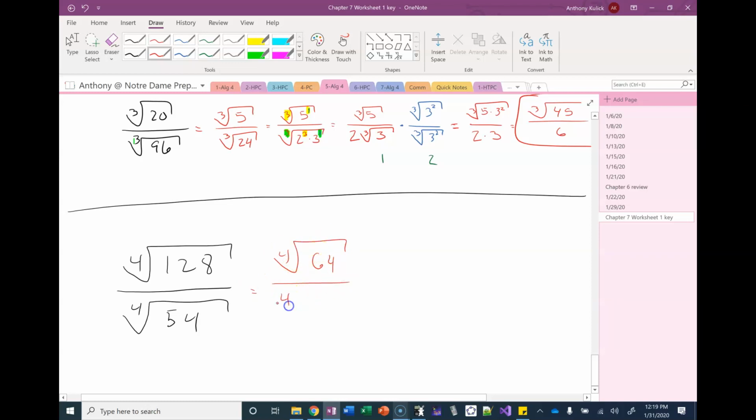And 54 divided by 2 is 27. Is there a divisor between 64 and 27? A number that divides both of them? I can't think of one.